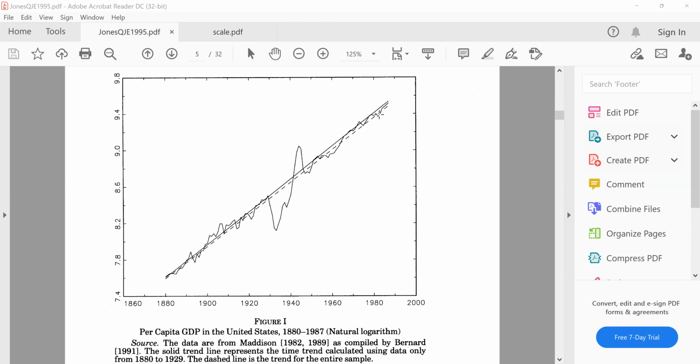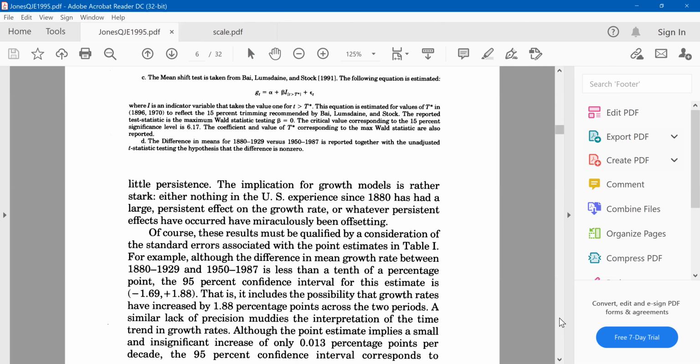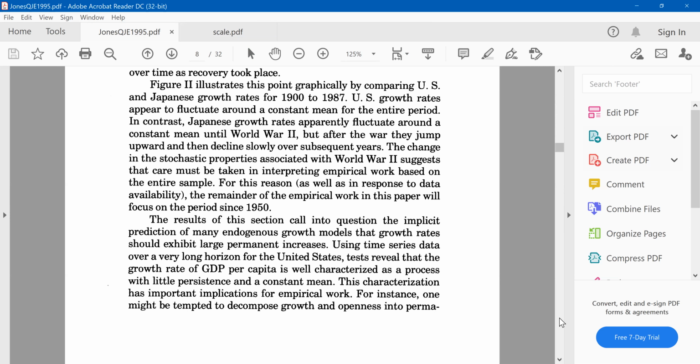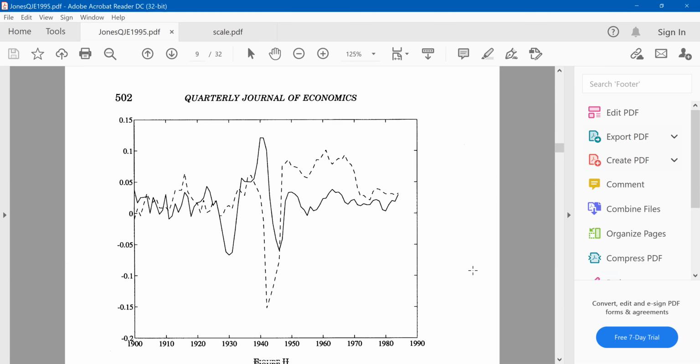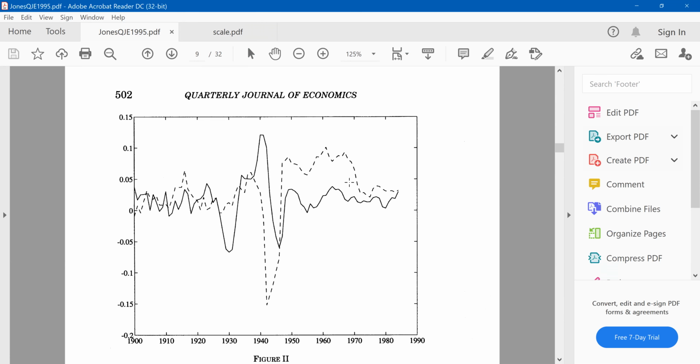Of course, if you change the sample, you observe different growth rates, but it is to a large extent a constant growth rate. If you look at this figure, you can understand the constancy of it.